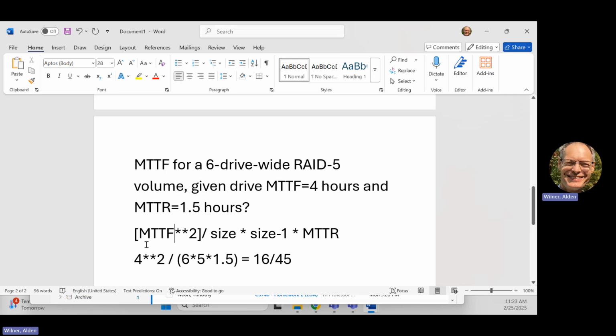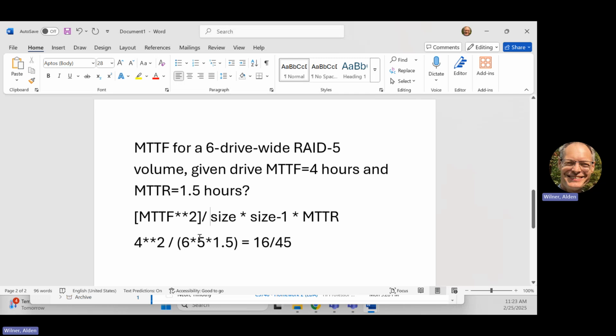So basically, that first drive fails, and then the expected time for 2 drives to fail is the MTTF raised to the power of how many drives you're having to fail, right? So if we had a RAID 5 or maybe a RAID 0, we just kept reading data until everything was dead. What would be the time for every single drive in there to fail? It'd be just the MTTF raised to the power of however many drives there are, right? It's when you lose your redundancy that the volume fails. So we're doing the volume failure calculation, right?